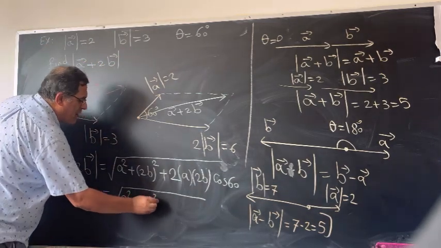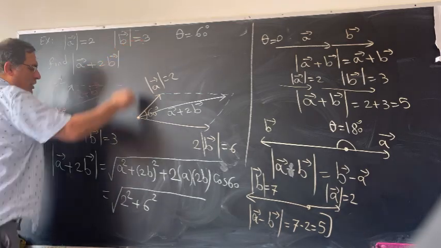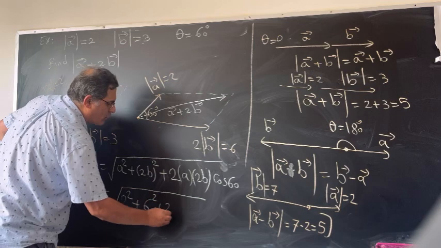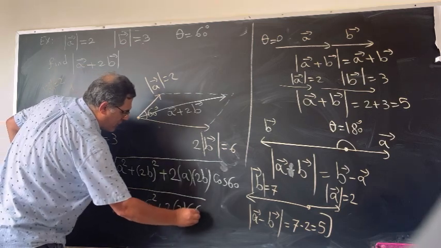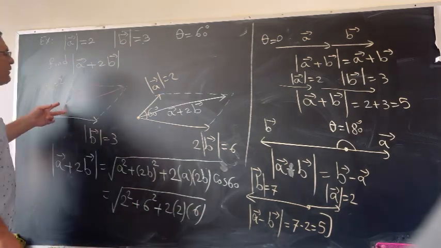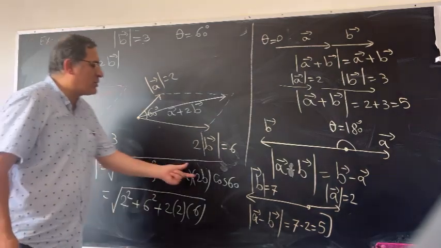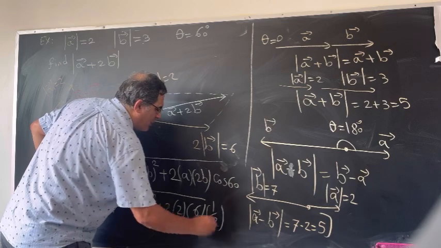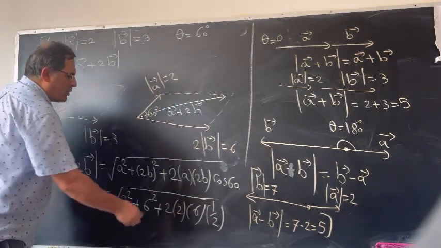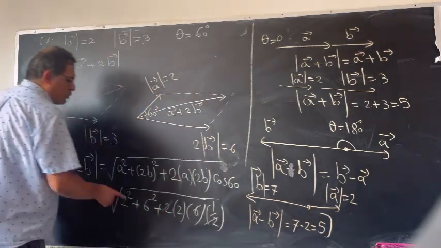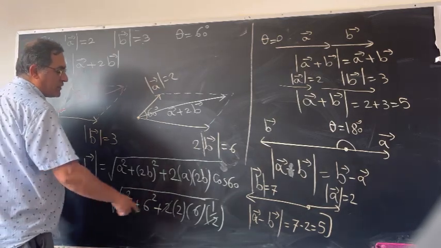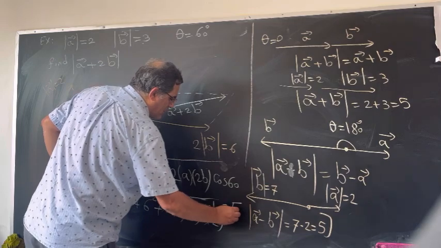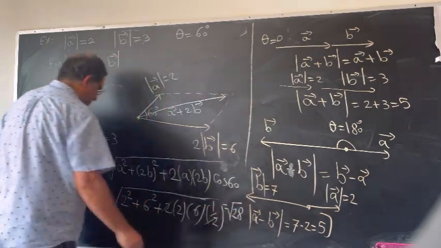So 2 squared plus 6 squared plus 2 times 2 times 6 times cosine 60 degrees, which is 1 over 2. The 2 and 2 cancel. 2 squared is 4 plus 36, plus 12, is root 28.